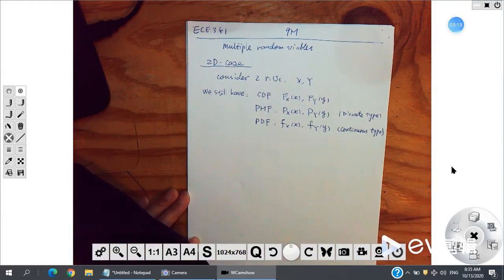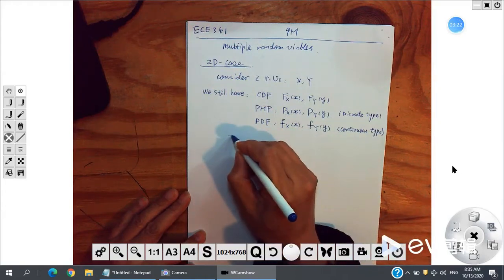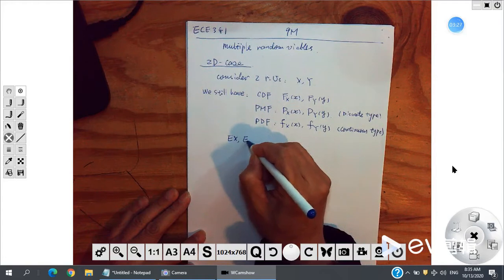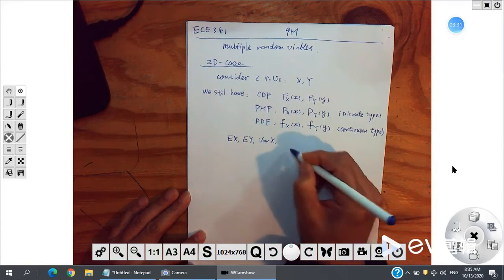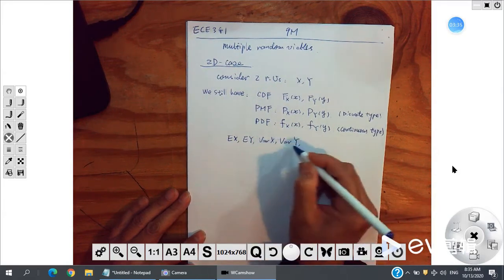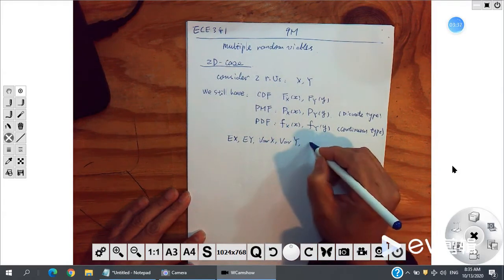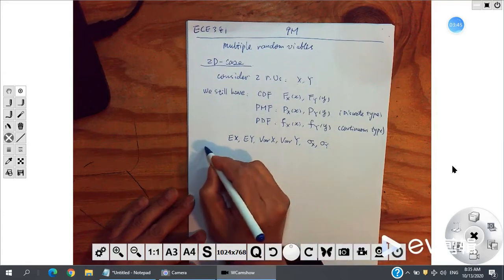And other than these three functions, we also have some numbers, right? We have the mean of X, then of course the mean of Y. The variance of X and the variance of Y. If we take the square root of variance, we have the standard deviation of X and standard deviation of Y. So we still have all of these.